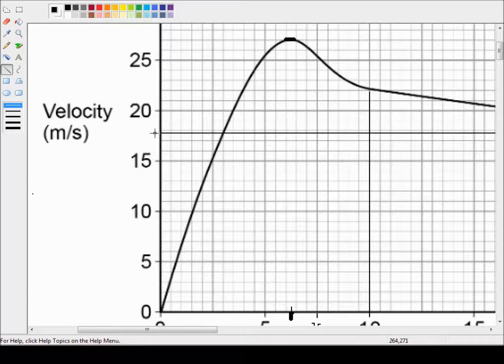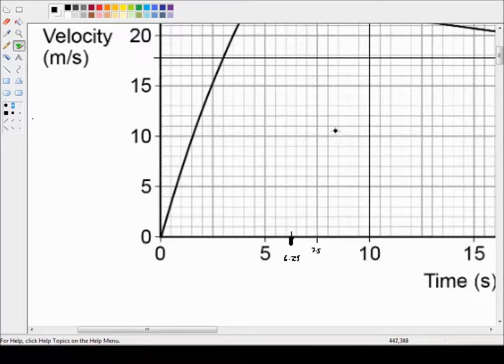Oh, so I think every one of these little dots is 1, because that's 15, 1, 2, 3, 4, 5 makes 20. So each one of these little squares is 1. So that's 15, 16, 17, 18. So I'm going to put this height here as 18.